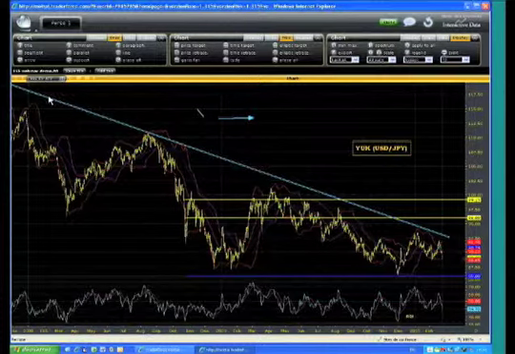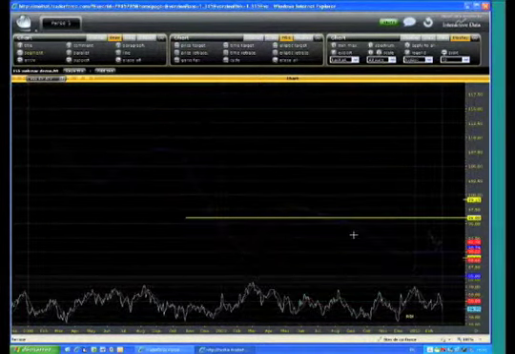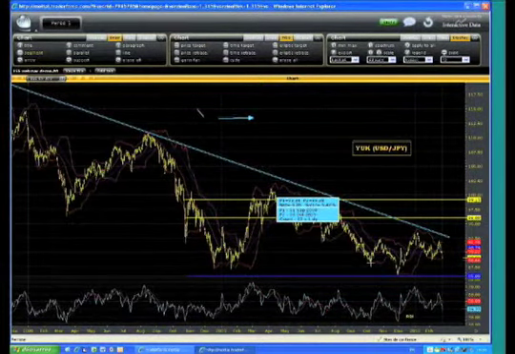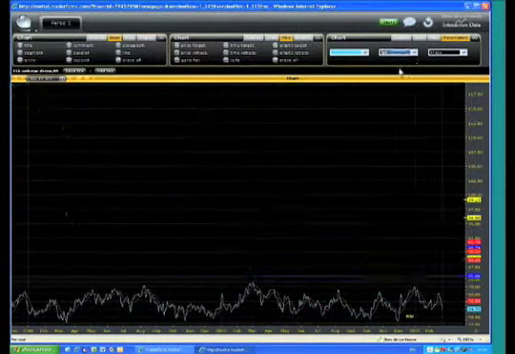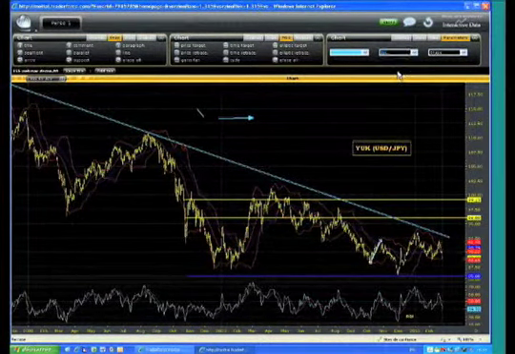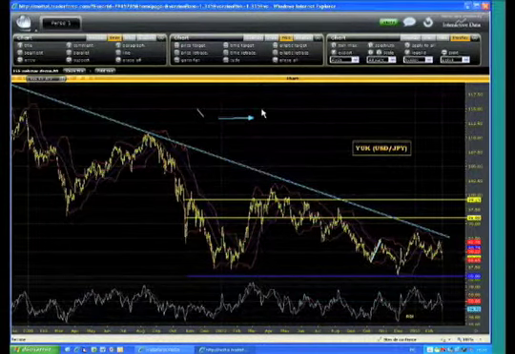The pair is still below a key long-term trend line, but we have a tentative, and I want to insist on this word, tentative reverse head and shoulders, which is a bullish pattern, but it's not validated. So caution on YUK.